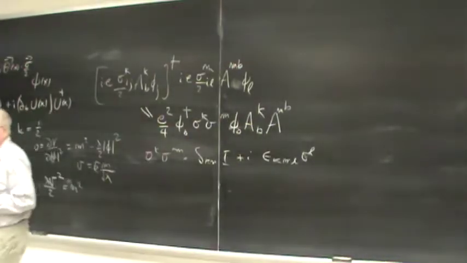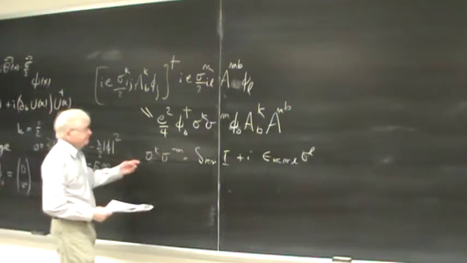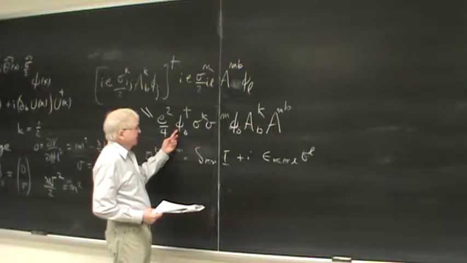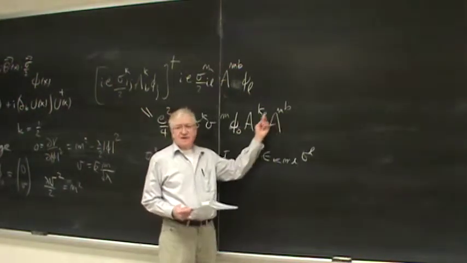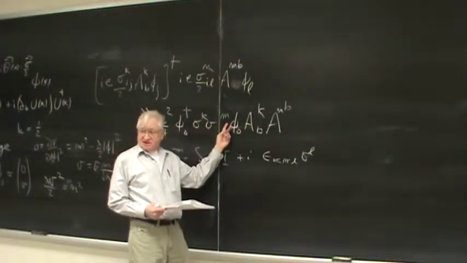That's the Pauli matrix relation. And consequently, if we look here, this thing in k and m is symmetric, so we can symmetrize this.